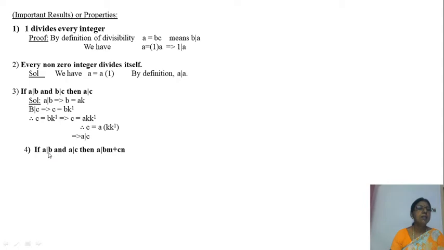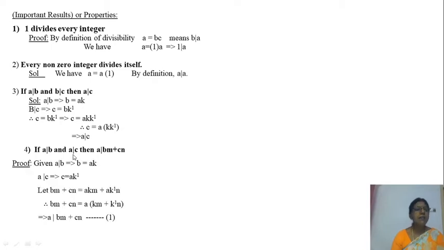Let a divide b and a divide c; then prove that a divides bm plus cn, a linear combination of b and c. By the definition of divisibility, b divides a means a is equal to b into some integer. Here we are given a divides b, so b is equal to a into some integer k.